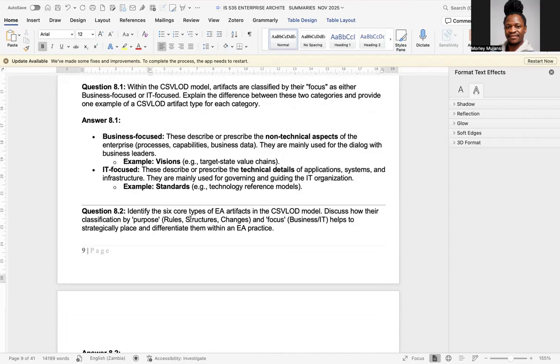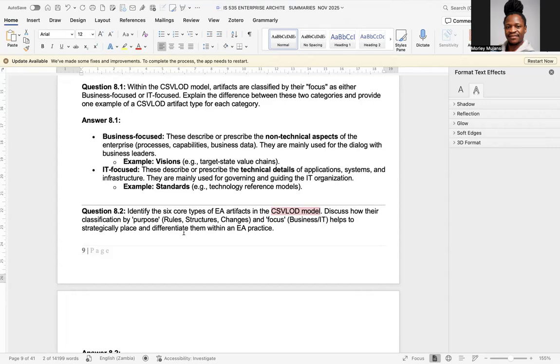Identify 6 core types of EA artifacts in the CSVLOD model. Okay, this should be a very easy one. And then discuss how their classification by purpose, rules, structures, changes, and focus, the business or IT, helps strategically place and differentiate them within the EA practice.